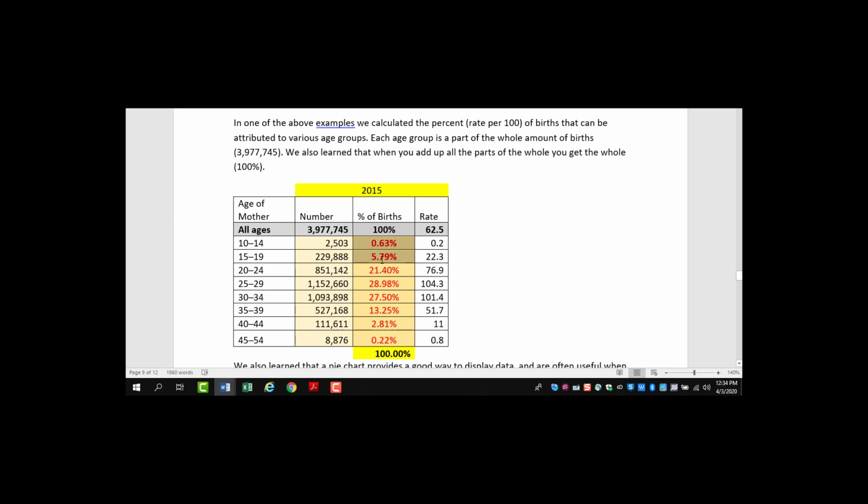You add all these up, and you're going to get 100%. Because there's nobody else that was given, it wasn't 60-year-old men giving birth, right? These are all the possible people, realistically, that can give birth. So that's the whole.